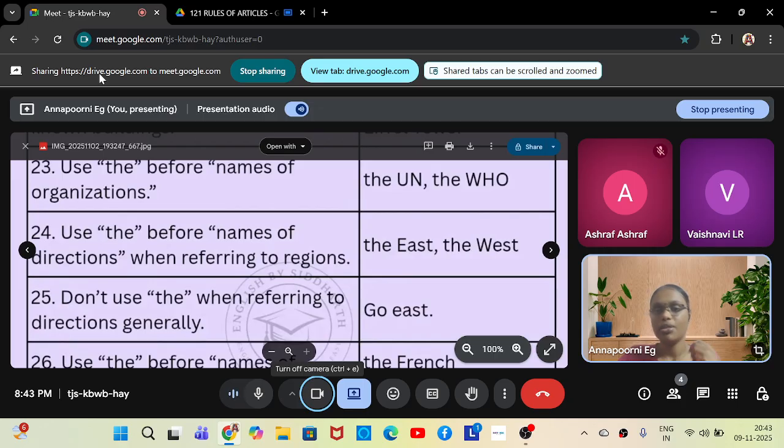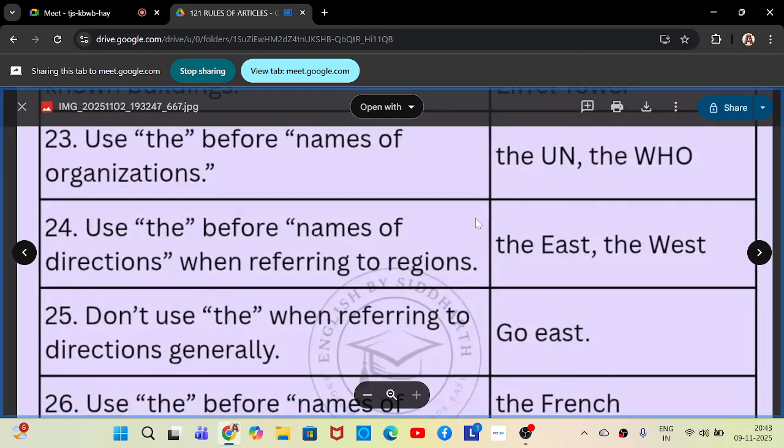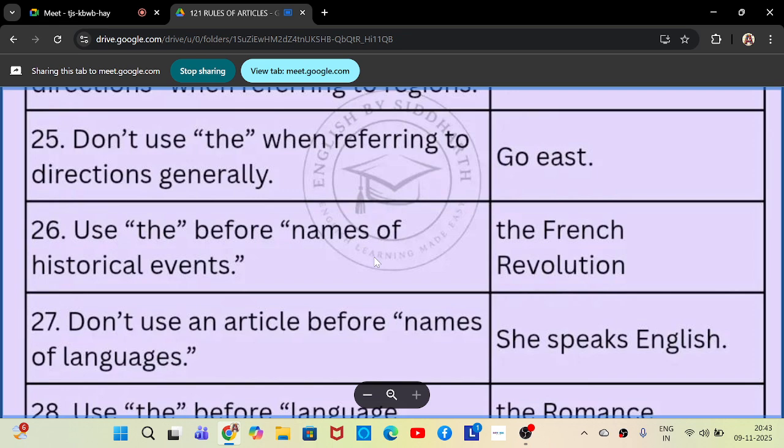For example, if you ask me where is the famous art museum, I'm telling just walk straight and take the first left. From there, you go east. You will find the museum. So here, go east means you are asking a person to walk towards the eastern direction. So at that time, I can't say go the east. We only say go east or walk east.